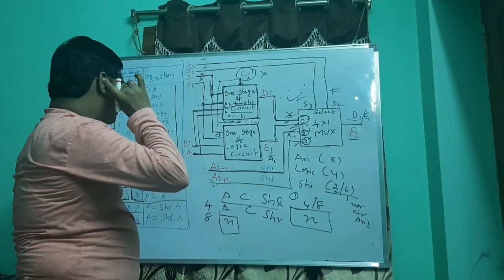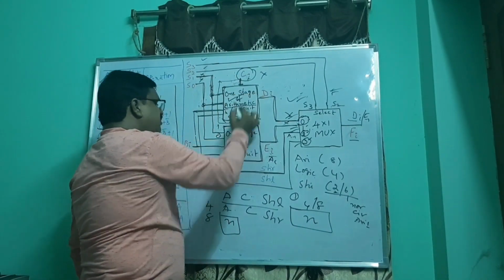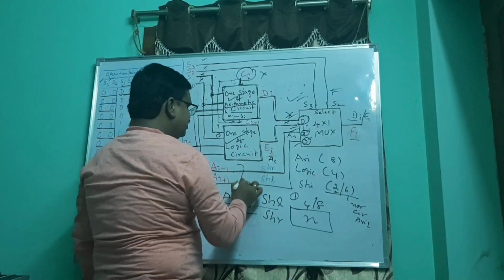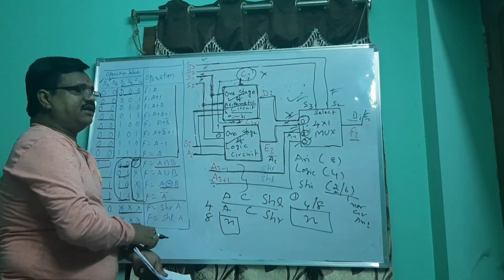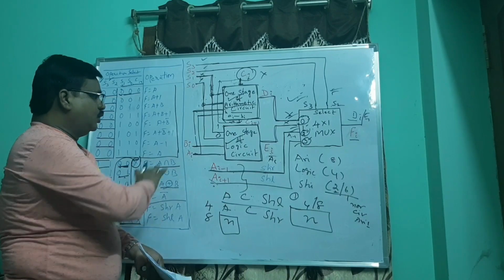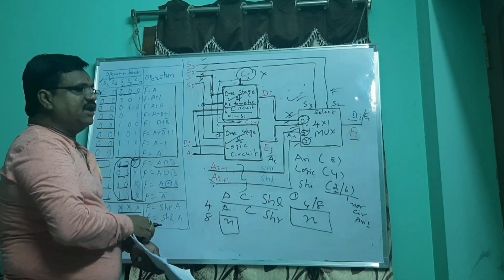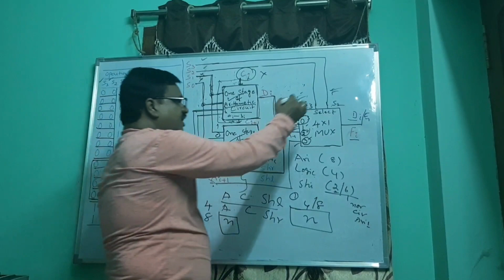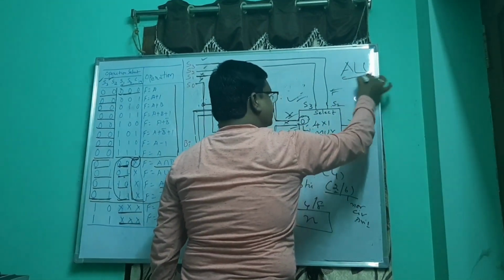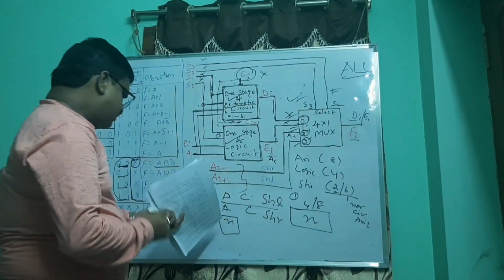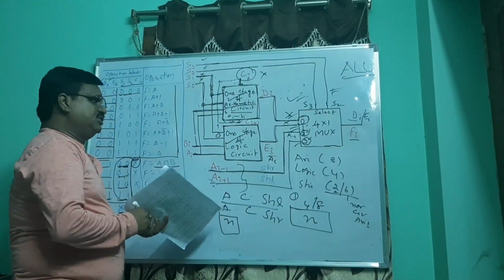So this contains arithmetic, logical and shift. With this we are going to include all the types of operations in only one circuit, that is your arithmetic logic unit, which is the important component of your CPU.